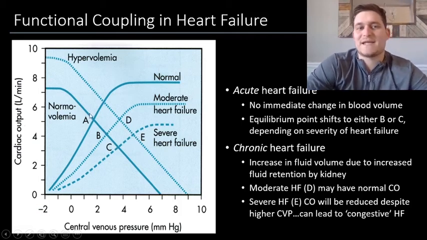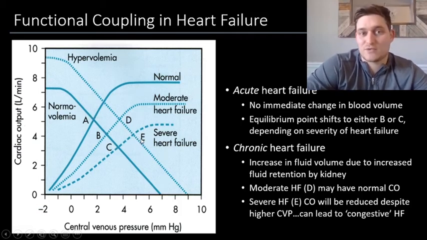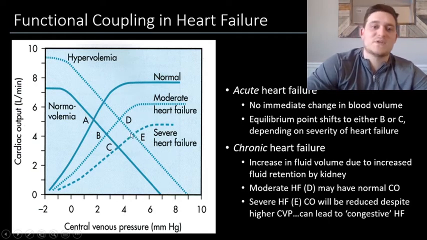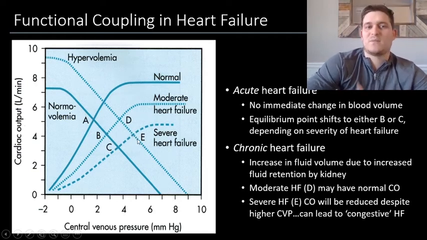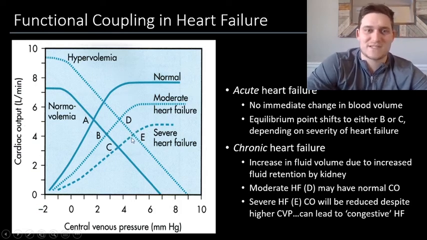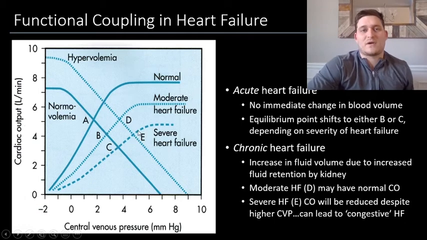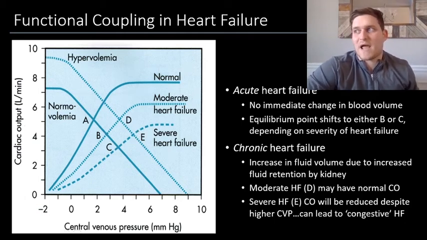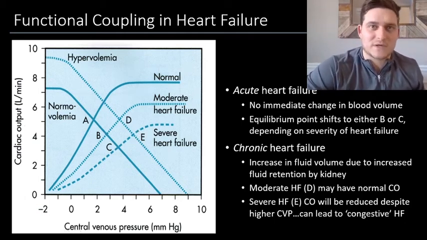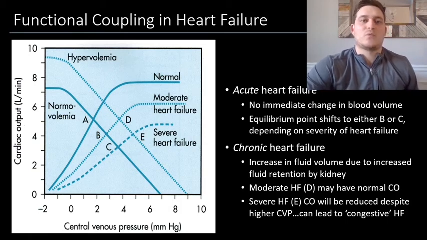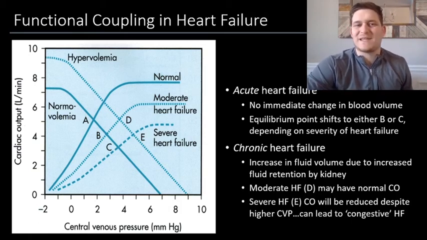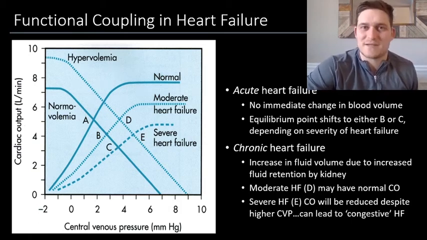But you'll notice that it's not at the same level as normal, obviously, in a healthy human. And also we're dealing with this increase in pressure, in resistance, in the amount of blood volume that's in the systemic circulation. And ultimately, since in this severe heart failure we're having a decreased ability to produce cardiac output, and we're putting more work on the heart, it could lead to congestive heart failure.